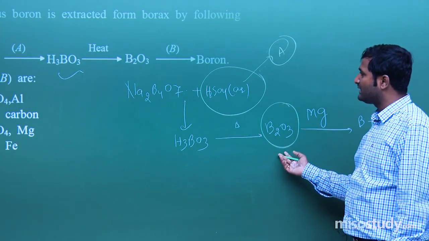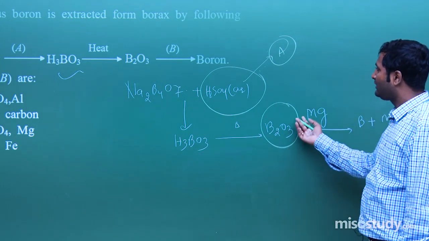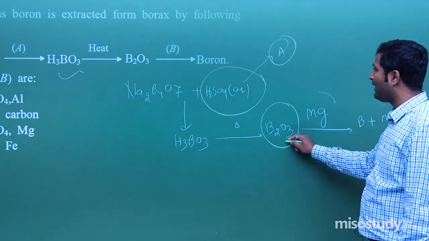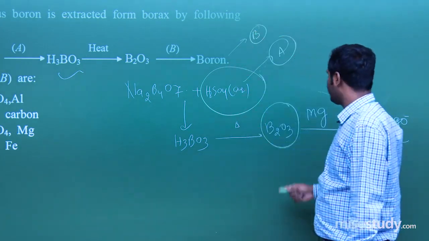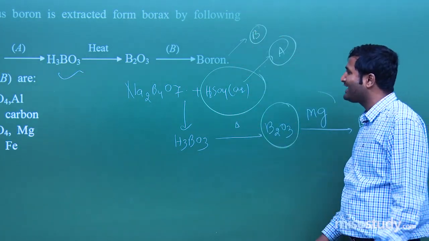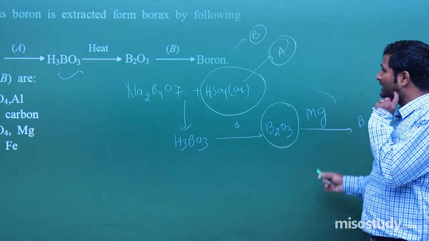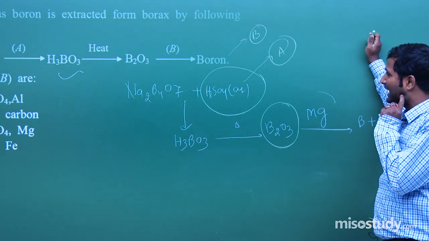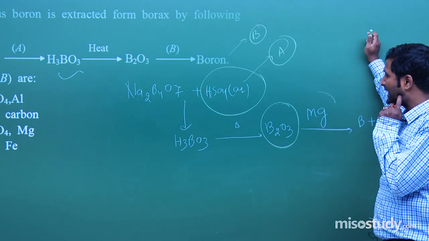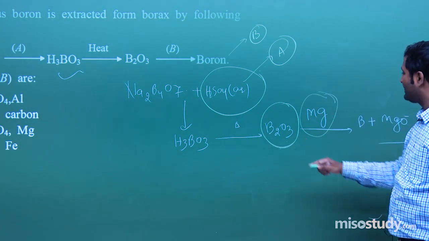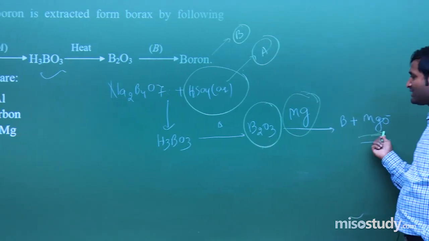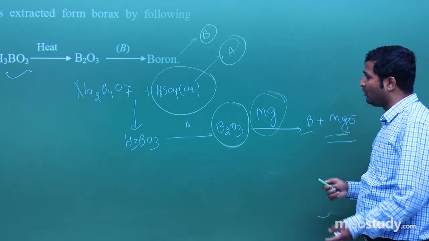If B2O3 is the main product, then on treatment with Mg we need to remove oxygen because we are getting boron. Removal of oxygen is known as reduction. So we need a stronger agent than boron. If you use magnesium, magnesium will take oxygen from here, form magnesium oxide and give boron.